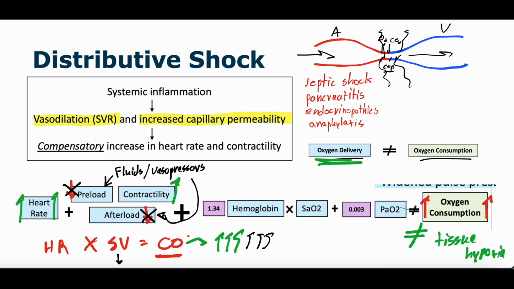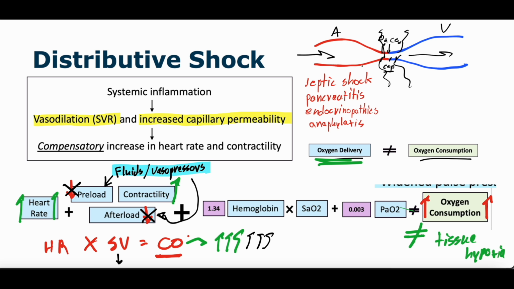So that's the treatment, among addressing the underlying problem, to distributive shock: fluids and vasopressors to try to reverse the pathophysiology going on here. So see how this equation, the oxygen delivery and oxygen consumption equation, can guide the diagnosis and management. If you understand the pathophysiology, you can understand how to diagnose it and then how to intervene on it, right? The pathophysiologic change, the compensatory change, and then what we can do to help the body better compensate.